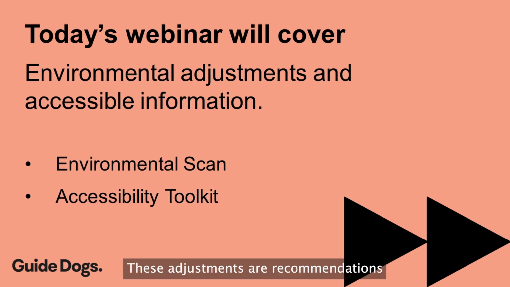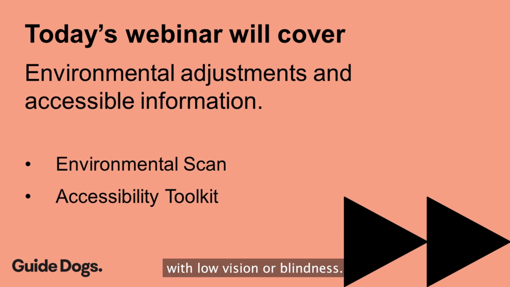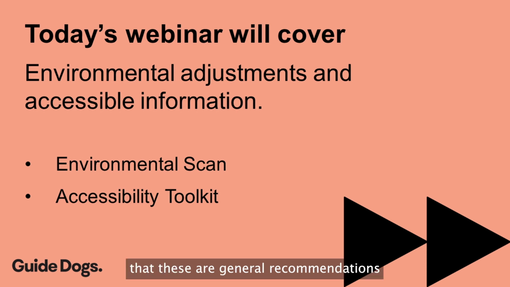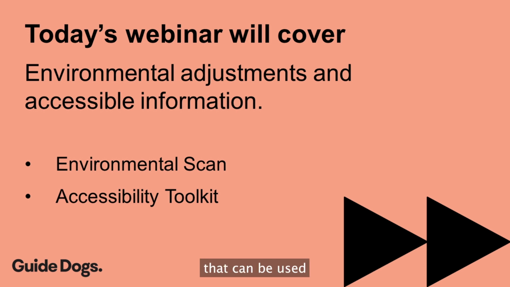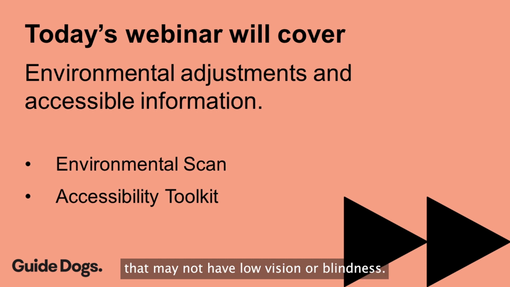These adjustments are recommendations that have been compiled by our orientation and mobility specialists, occupational therapists, assistive technology specialists, and psychologists that have been working with students with low vision or blindness. Please consider that these are general recommendations in this webinar that can be used with your students in your class that may not have low vision or blindness.